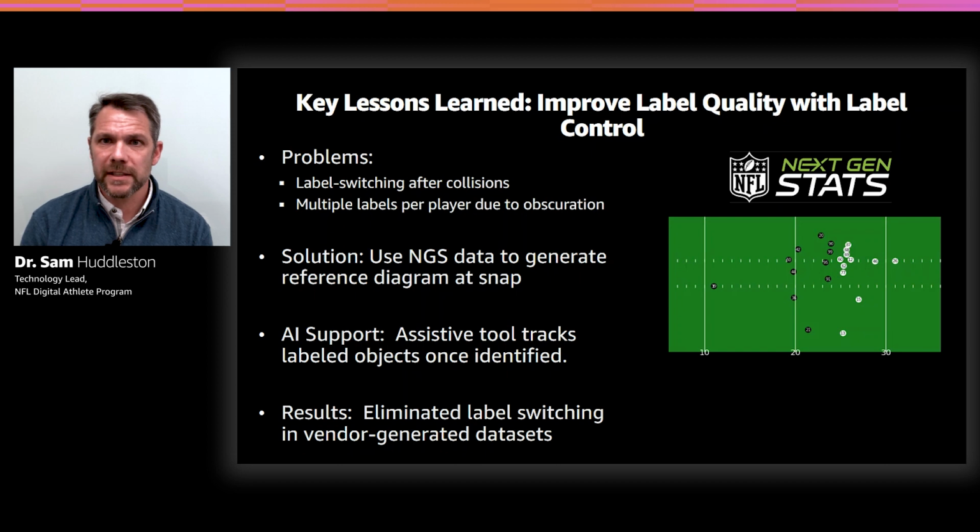The label provides a clear indicator, starting with V for visitor or H for home team, that indicates which team they're on. So it becomes quite simple for us to keep track of whether or not the right thing has happened. The combination of the assistive tooling and the new labeling scheme completely eliminated the label switching between players in our data sets.